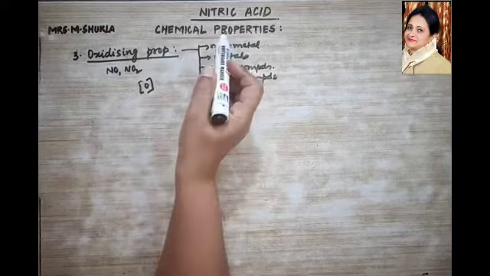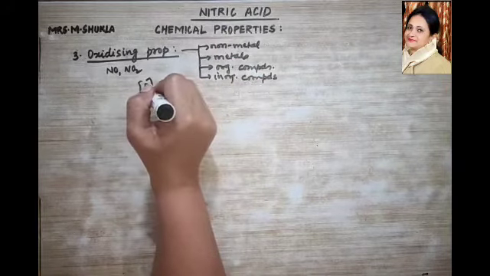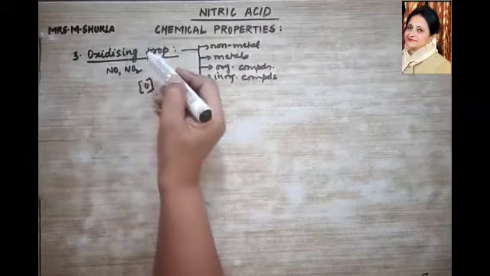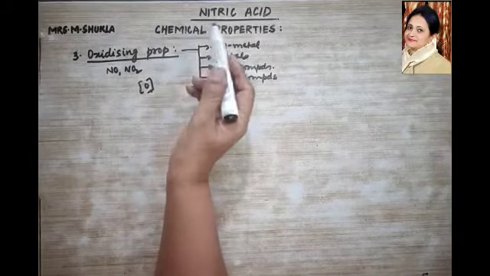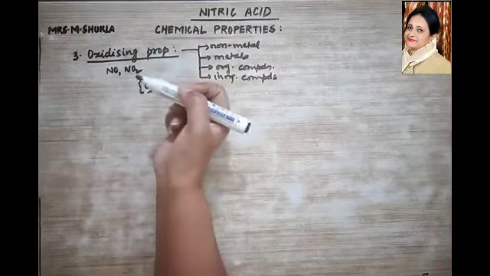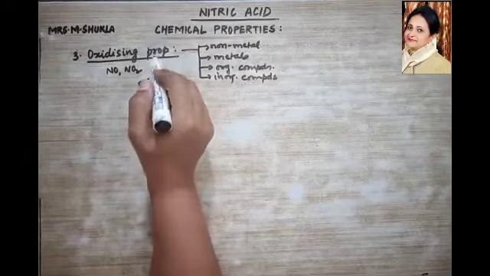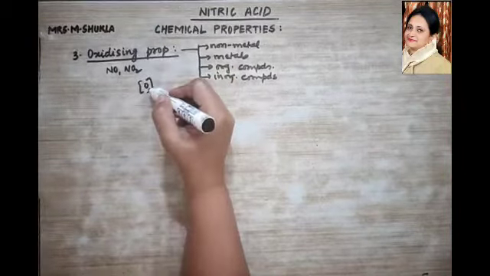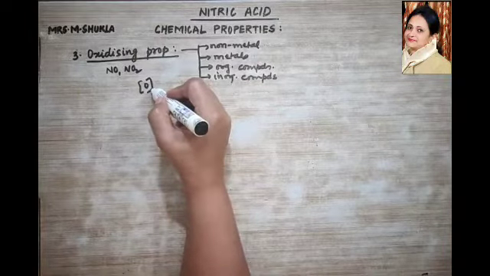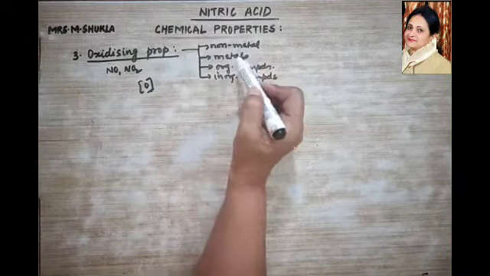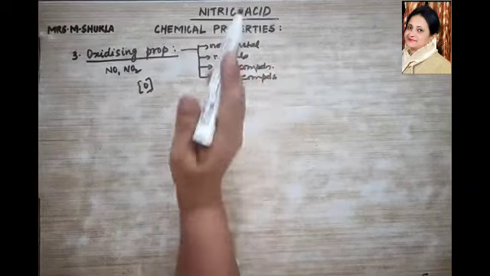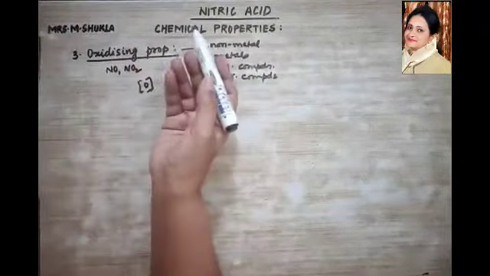So this nitric acid on decomposition gives out nascent oxygen, due to which the oxidizing property of nitric acid is exhibited. Right? So over here we will see how nitric acid, due to this nascent oxygen, oxidizes non-metals, metals, organic compounds and even inorganic compounds because it itself gets reduced.